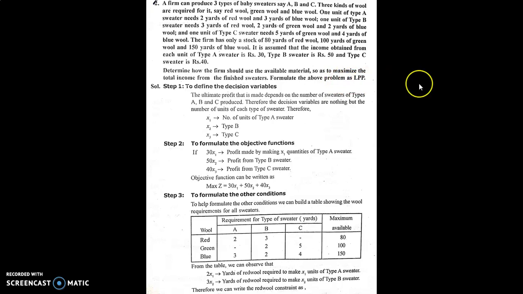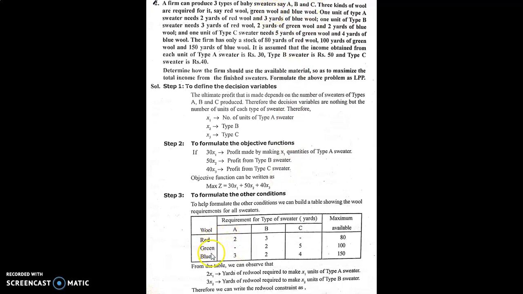So this question is very similar to the question we discussed in the previous video. Here also there are kinds of wool given and their requirements, or you can say restrictions. You can make the table like this. First is the requirement of each type of sweater in yards, because we have three kinds of sweaters A, B, C, and in order to make a sweater we require wool, right?